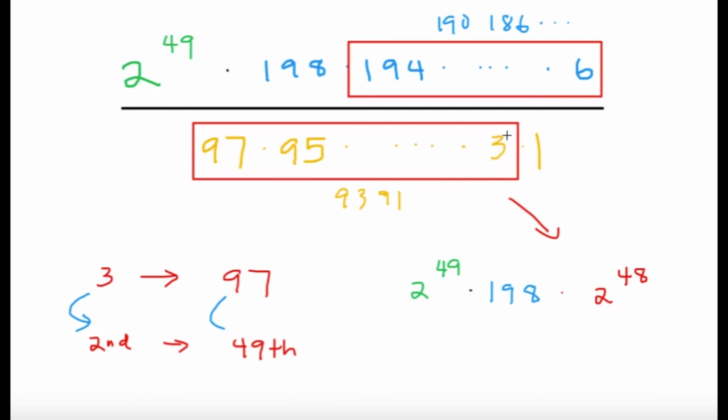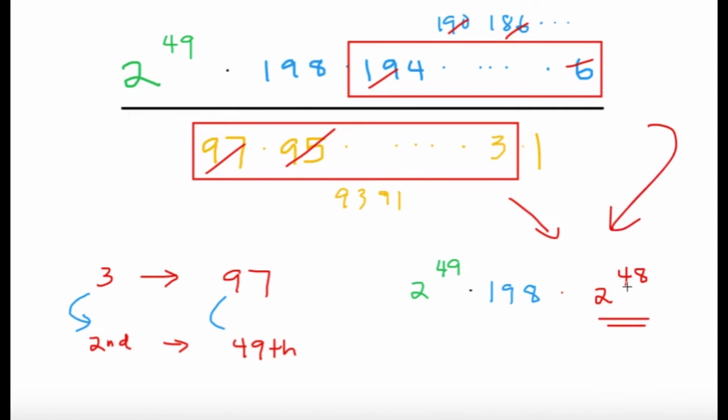There will be 48 terms that you multiply here, and therefore 48 2's after the cancellation. So this expression will simply become 2 raised to 49 times 198 times 2 raised to 48.